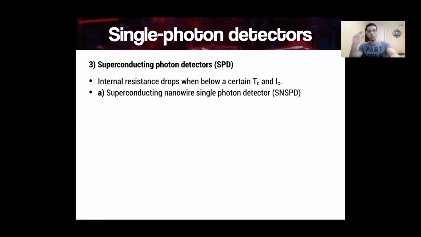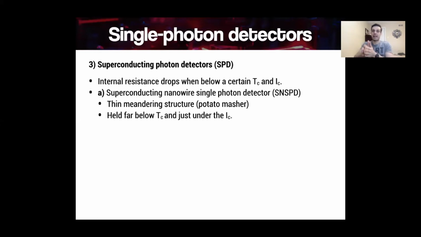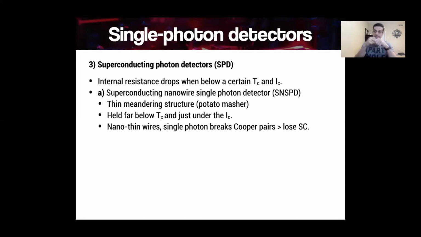One is superconducting nanowire single photon detectors. These have a thin meandering structure, sort of like a potato masher, with thin little wires. It's held far below its critical temperature, but close to the critical current. So when a photon comes and interacts with this nano-thin wire, it breaks some of the Cooper pairs by pushing the current over the critical current, and you lose superconductivity.